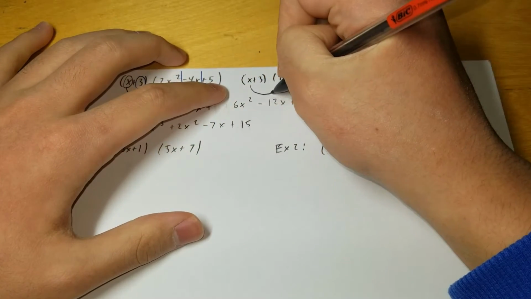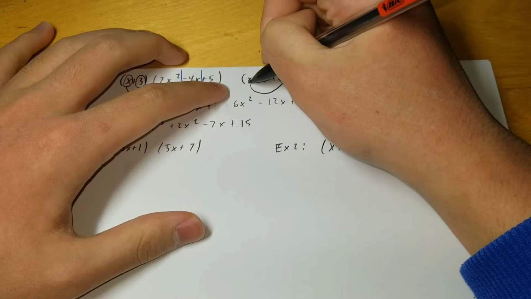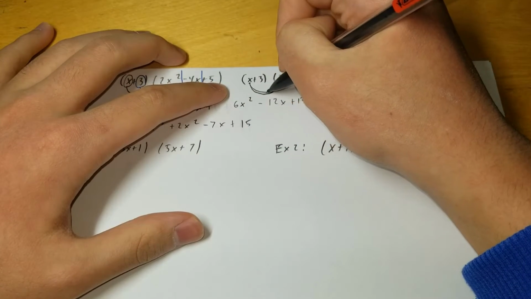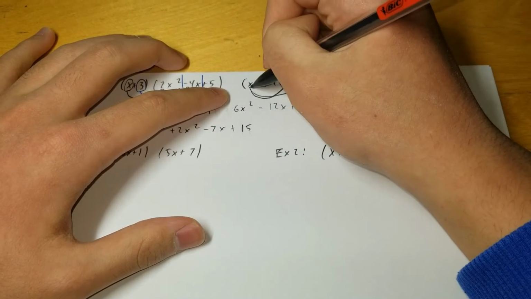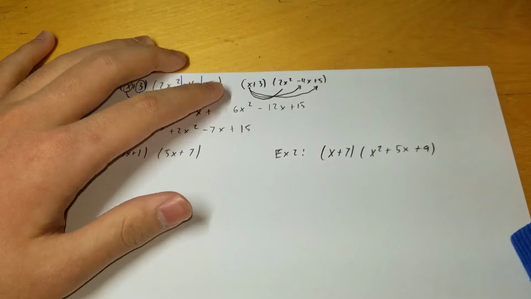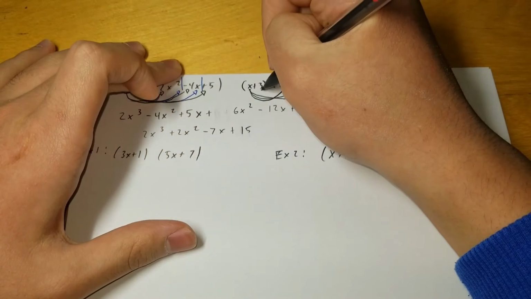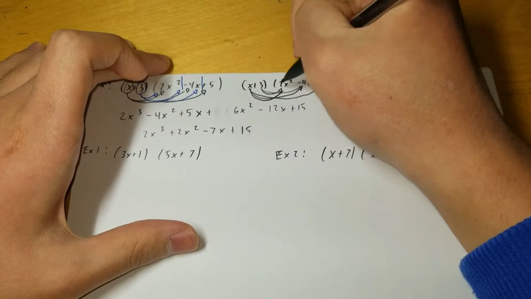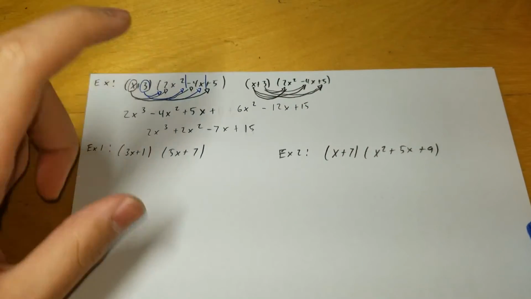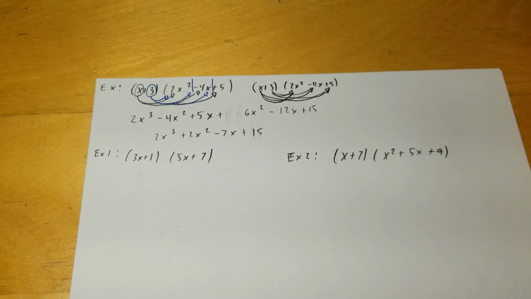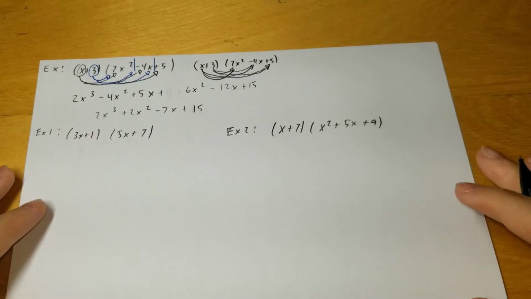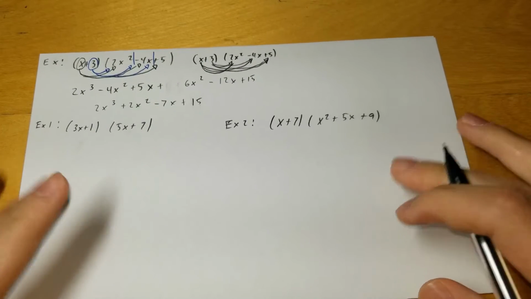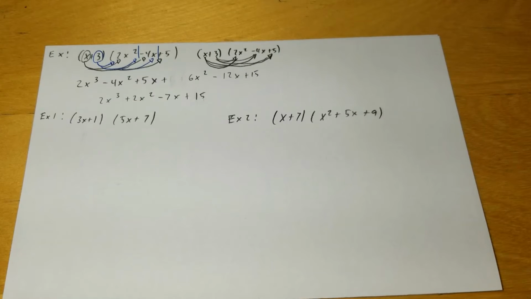You multiply this by that, this again by that, this again by that, and then you repeat this for the second term, like this with that, this with that, and this with that, and then you get this as your answer. Okay, so once again, pause the video, try these out, and then we'll continue.